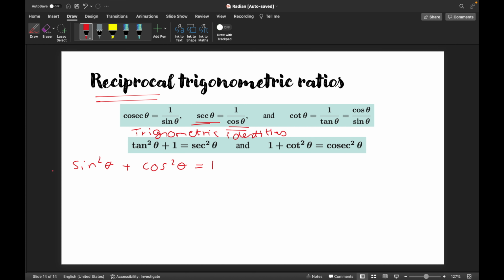Now let's divide this equation by sine squared theta. This would be divided by sine squared theta, by sine squared theta, by sine squared theta. This would be 1. This would be cot. No, actually, wait, you guys don't know this yet, but one second.